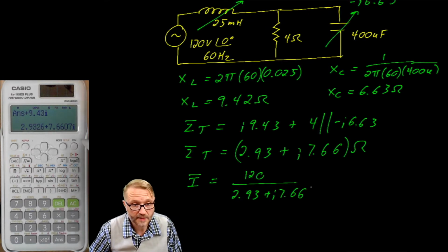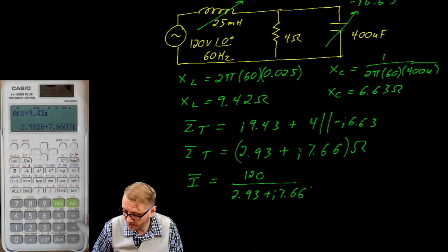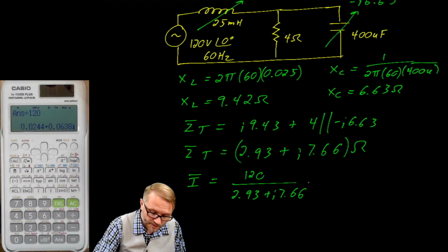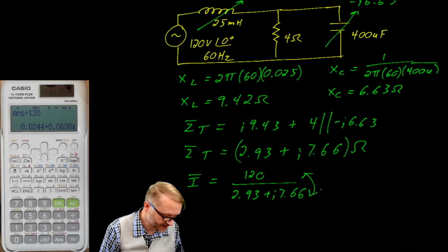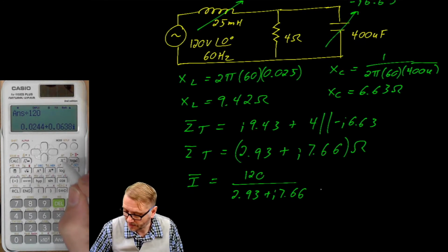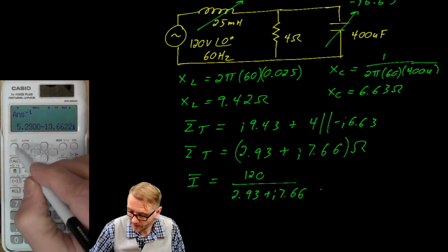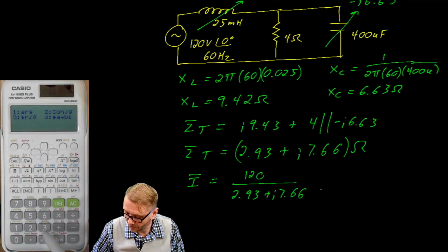Now, I already have the impedance loaded up in the calculator, so I'm going to divide by 120, which is completely backwards from what this says, but then I'm going to use the invert button, which will give me the current. In polar form, please.